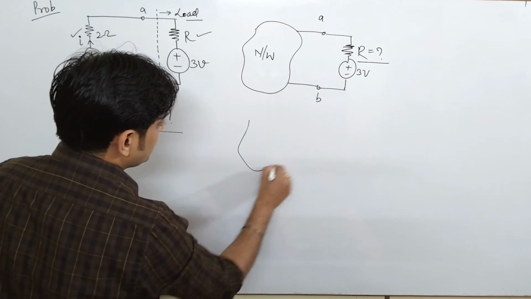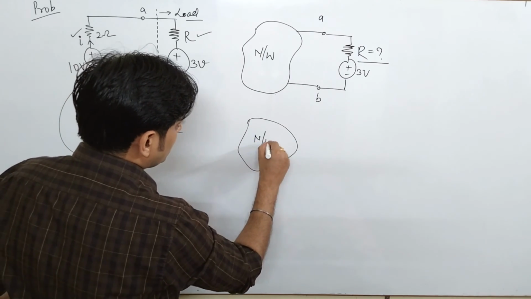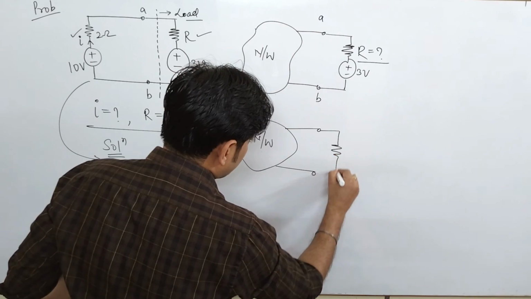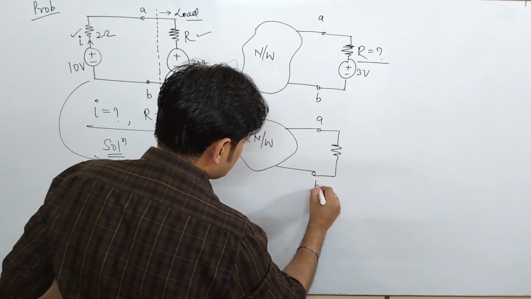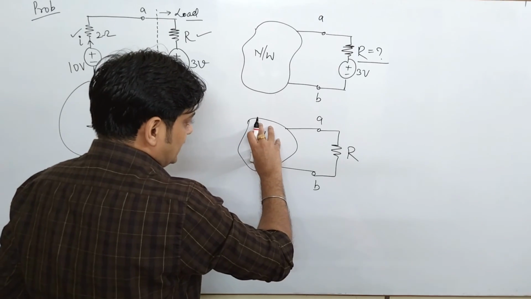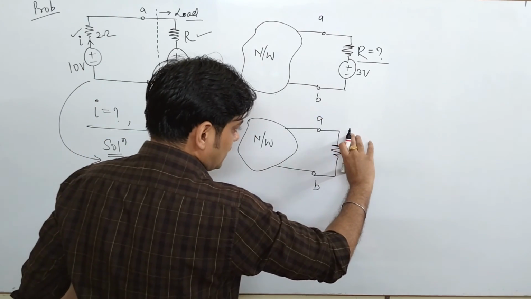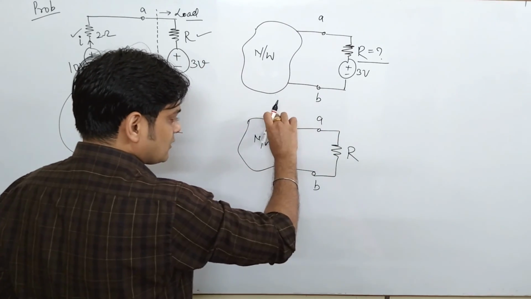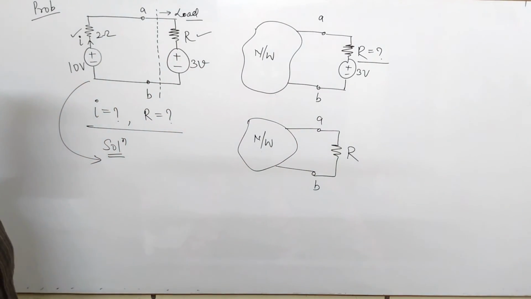So once again I redraw this network, and say that some load, we don't know what that load is, is connected at AB, and say this is R. So this network will deliver maximum power to this load R only when this load resistance is equal to the Thevenin resistance of that particular network.